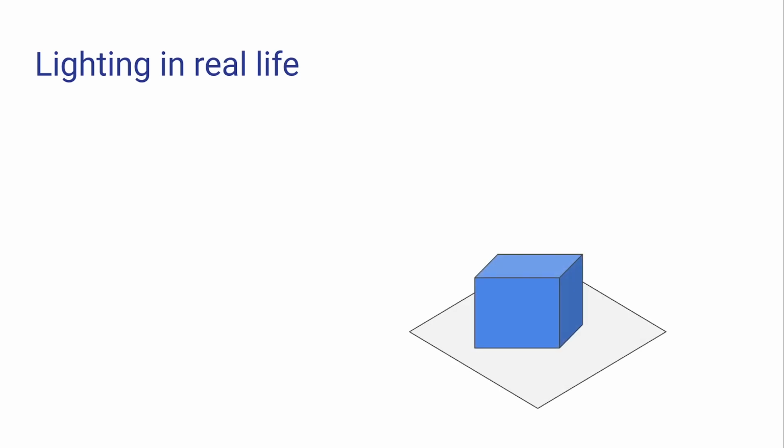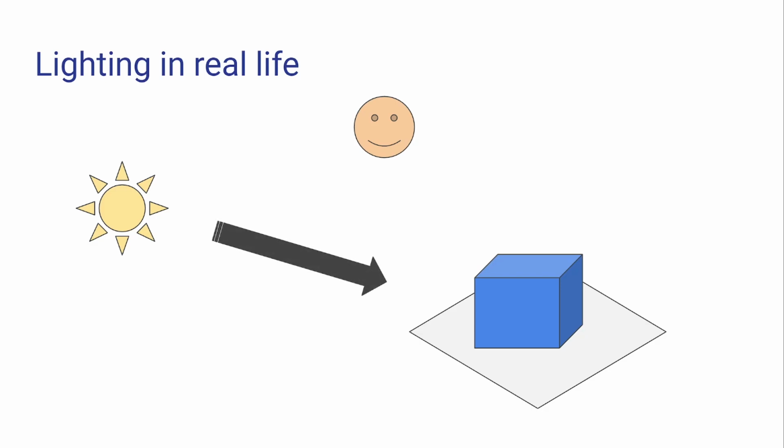So now let us understand just the basics of how lighting works in real life. Let's say we have a ground and an object placed on top of that ground. Here we have just a human standing. In typical conditions, we have a sun which is emitting light, and the light gets on the surface of the object.